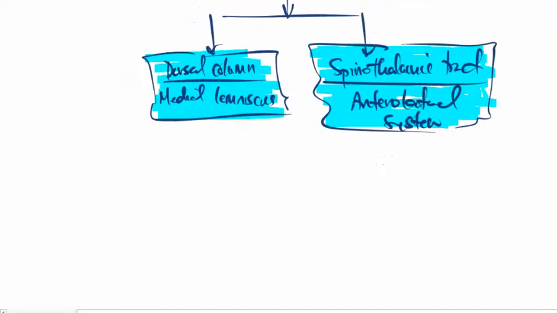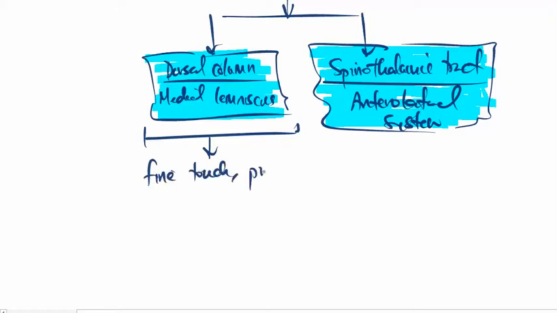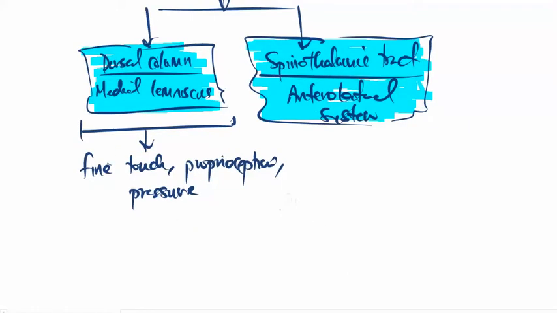Okay, so the kind of sensory information that the dorsal column is going to be relaying back up to your brain is going to be fine touch, proprioception, and pressure, right?